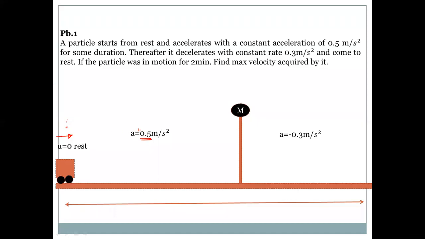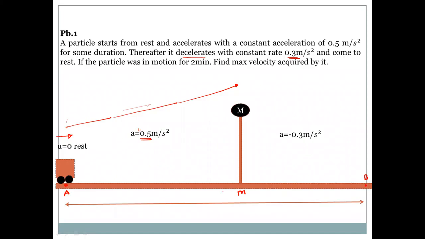That means from this point, the particle's velocity will increase, up to the point M. After this point, the particle has an acceleration of 0.3, which is deceleration, that is negative acceleration. So a is equal to minus 0.3 meter per second square. Let us take this point as point A. This is the point M, and this is the last point.